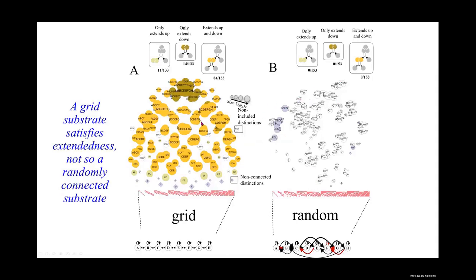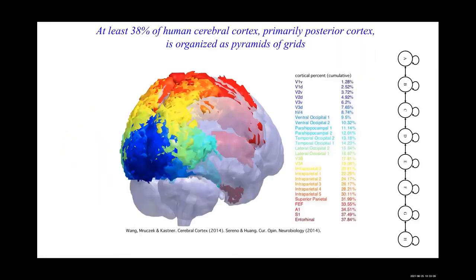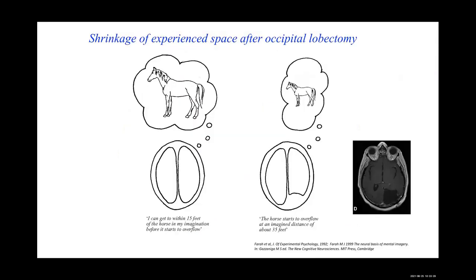So you need a particular kind of substrate, a grid, to unfold into a cause-effect structure that accounts for phenomenal extendedness. And of course, roughly 38% we calculate of our cerebral cortex is organized in a grid-like manner. It's mostly posterior cortex, organized like that from V1 all the way up. And that is exactly what is needed for supporting an experience which is overwhelmingly spatial, like ours.